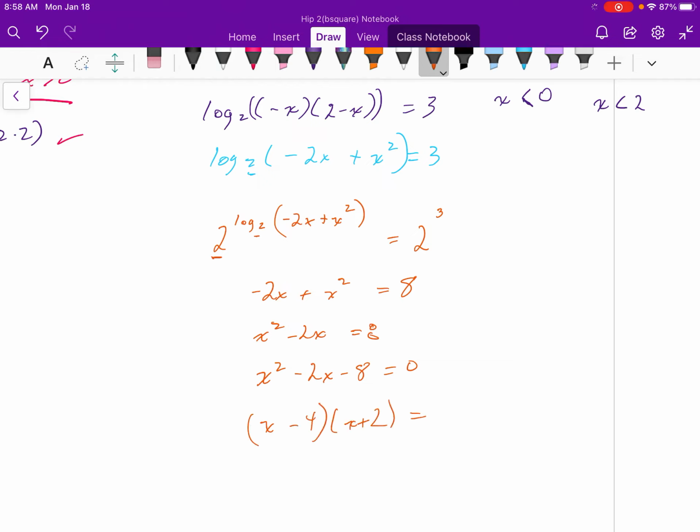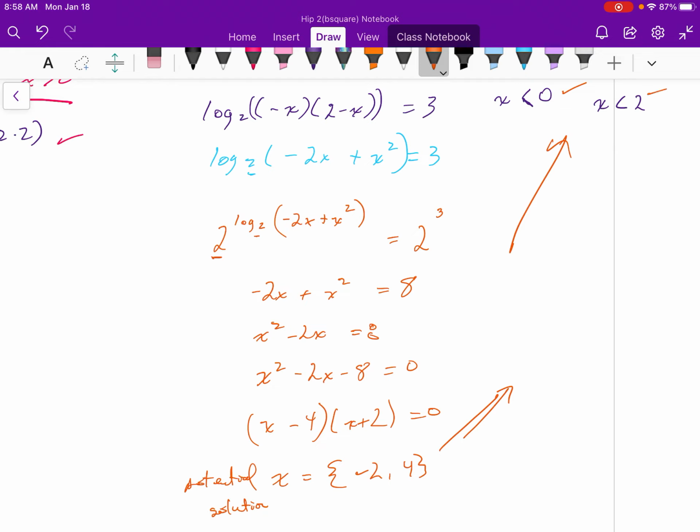But what I get is, I'm going to factor this, x minus 4, x plus 2 is equal to 0. This leaves me with x is equal to, now these are only potential solutions, negative 2 or 4.